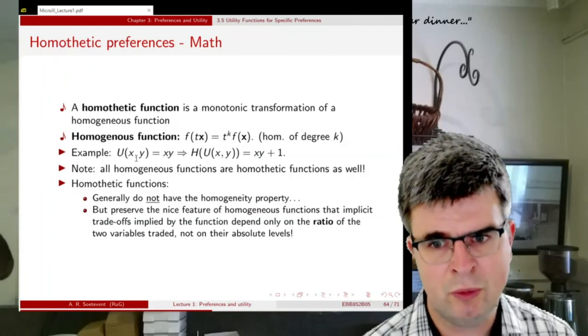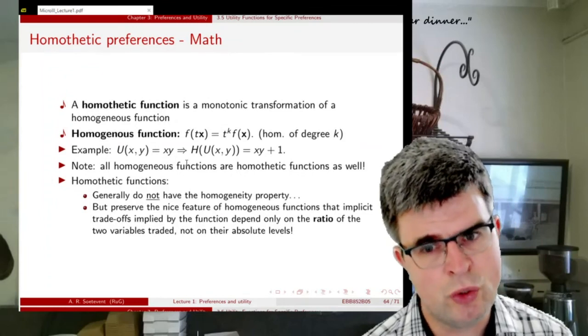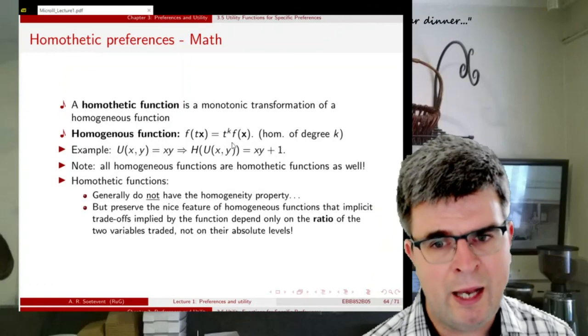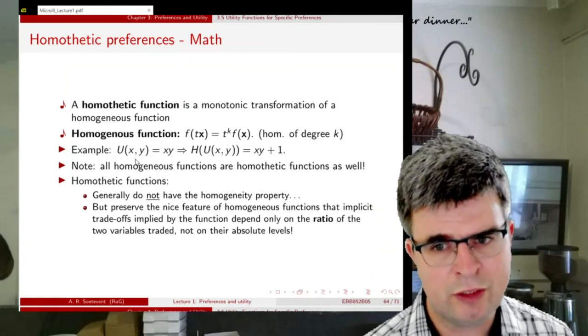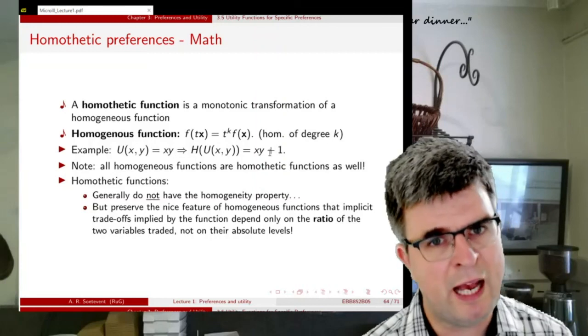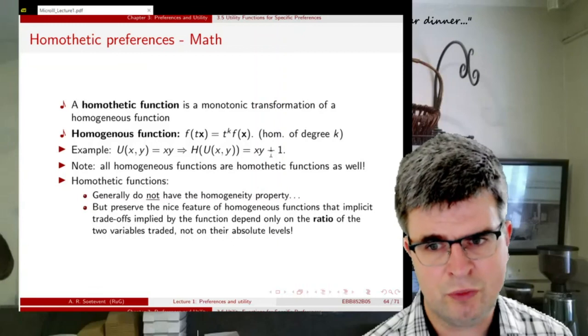So this original utility function is homogeneous of degree 2. And the function h is a monotonic transformation of this homogeneous function because it simply adds 1 to each value.